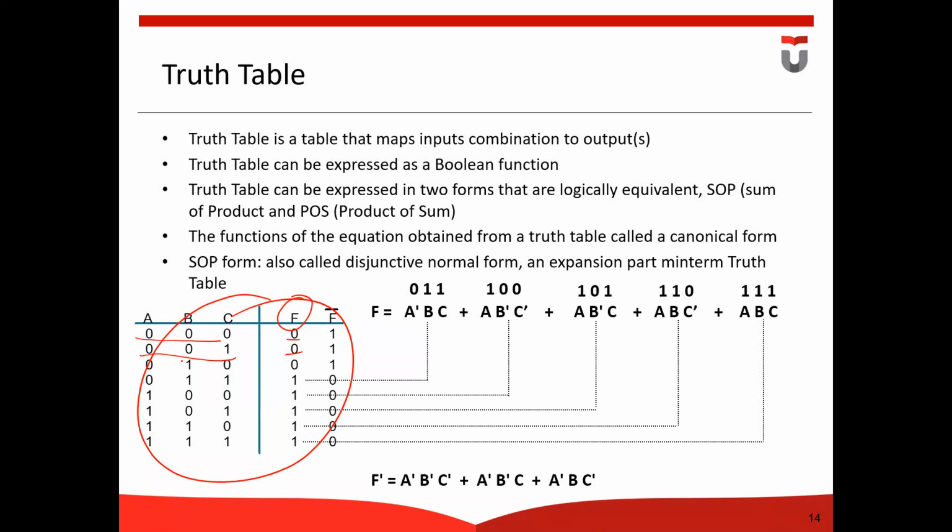Or we can use the canonic form. The canonic form is how we represent the content of truth table by using all combination of inputs. There are two types of canonic form. The first one is SOP, sum of product, and the second one is POS, product of sum.